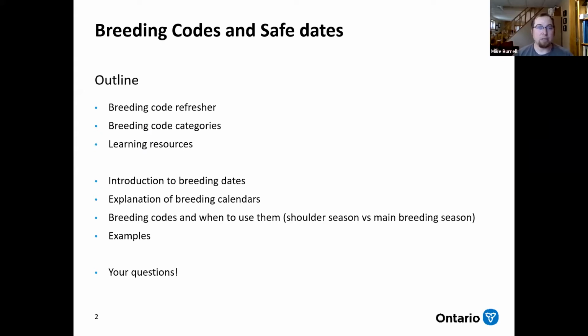And then I'm going to switch a little bit and talk about breeding dates and breeding calendars, what they are and how to use them, and especially what their importance is when you're doing atlasing outside of the core atlasing season in the summertime. And we'll wrap it up with some examples and a little quiz, and some time for questions. I'm going to talk for about 15 minutes, so that should leave us 10 minutes or so for questions.